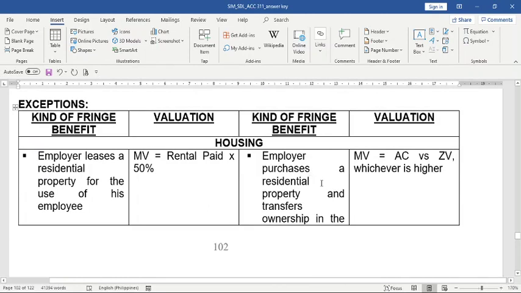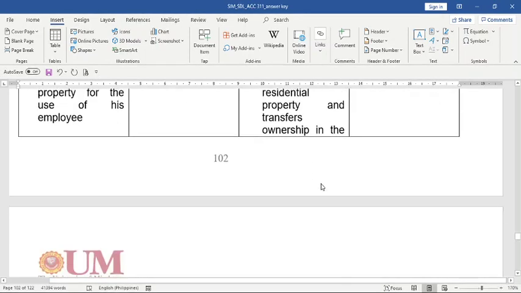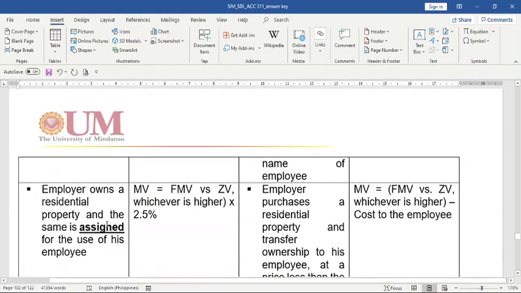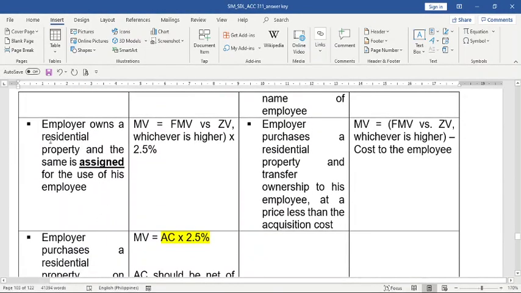Kung you purchase a property and transfer yung ownership sa employee, whichever is higher to the zonal value, fair market value, or the acquisition cost.